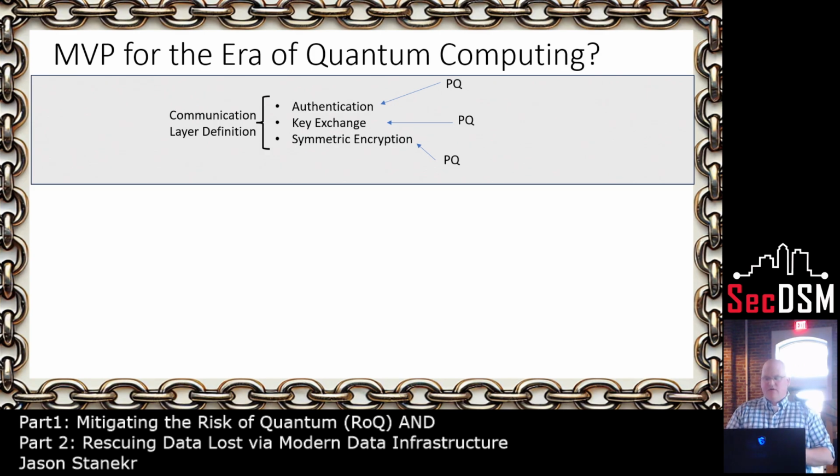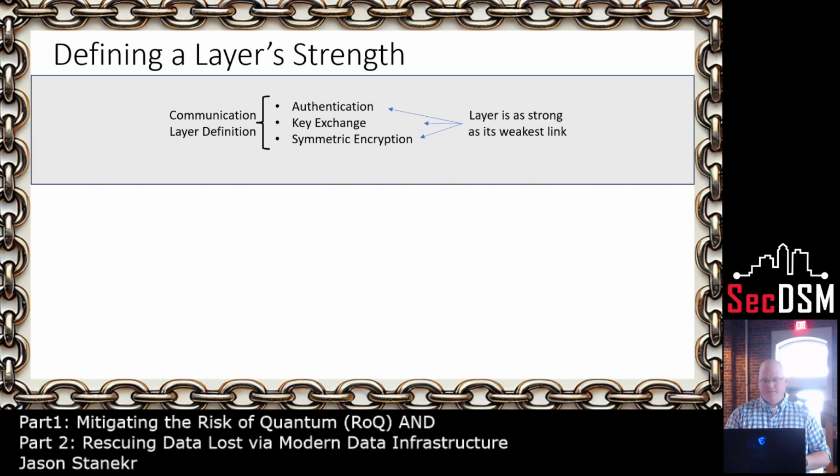It's important to note that our communication layer is only as strong as its weakest link. So what should we pick? If any one of these three components is broken, we can lose confidentiality, integrity, availability.